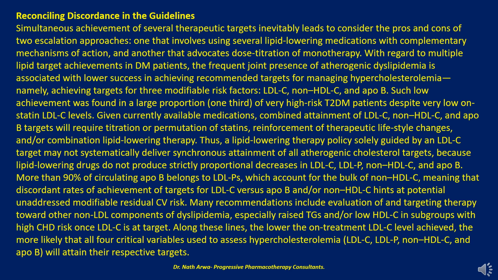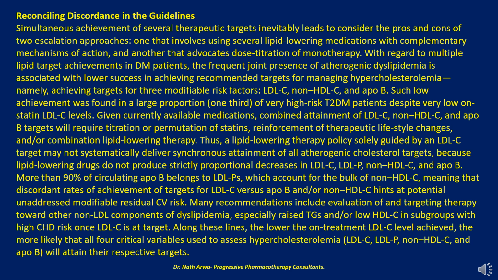Such low achievement was found in a large proportion, 1/3, of very high-risk type 2 diabetes mellitus patients, despite very low on-statin LDL-C levels. Given currently available medications, combined attainment of LDL-C, non-HDL-C, and ApoB targets will require titration or permutation of statins, reinforcement of therapeutic lifestyle changes, and/or combination lipid-lowering therapy.